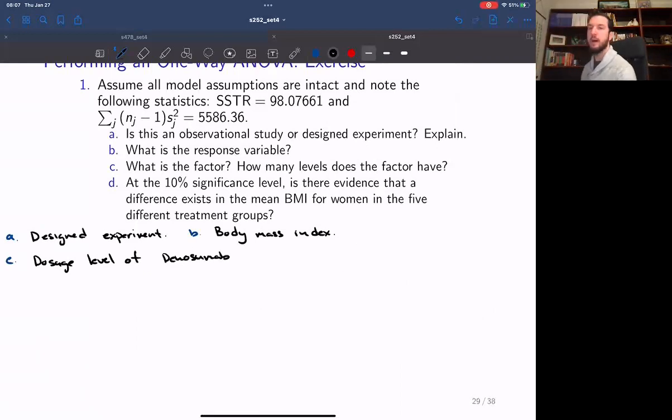The factor is the variable that is essentially partitioning our observations into the different groups. So in this particular case, it's the dosage level because that's how we're separating each of the different observations. And it has 5 levels.